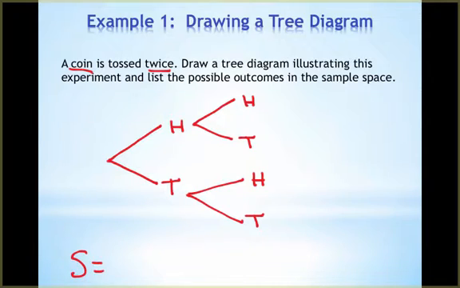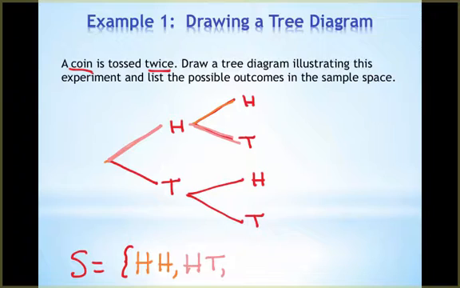So we'll say the sample space would be, well, the first thing that could happen is we could have heads on the first coin and heads on the second coin. So we'll list that as HH. Then the second one, it could be heads on the first one, tails on the second flip. So that'll be HT.